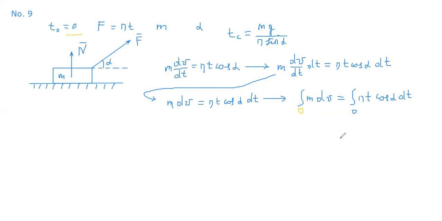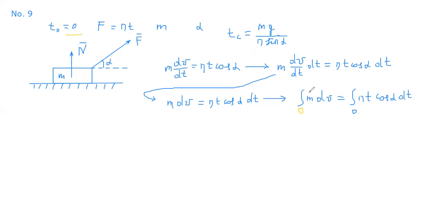So at the initial moment of time the body was lying, and it means that its velocity was equal to 0.